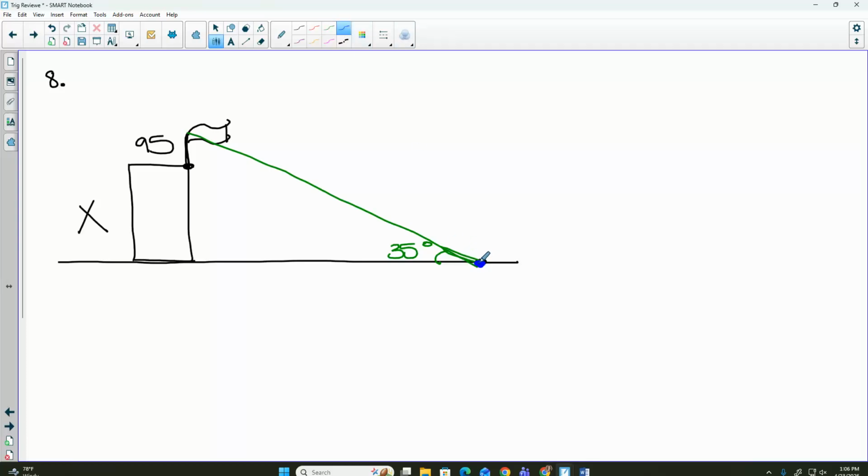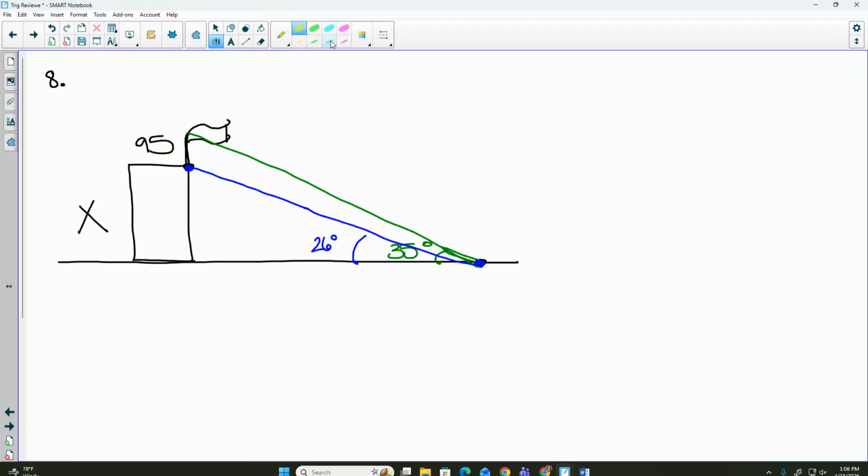From down here, the angle of elevation to the bottom of the flagpole is 26 degrees. And from that, we're supposed to figure out how tall the building is.